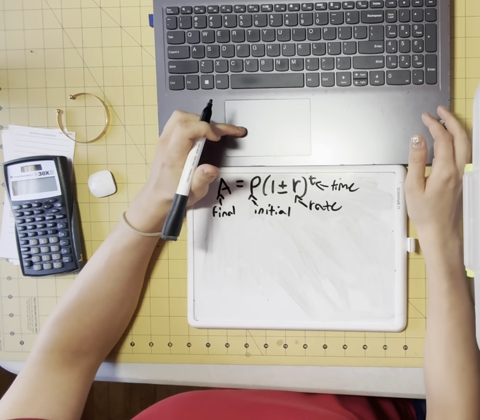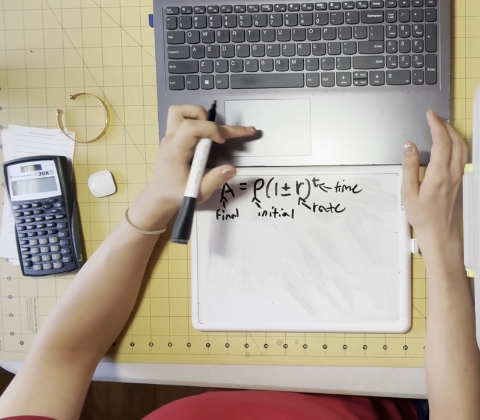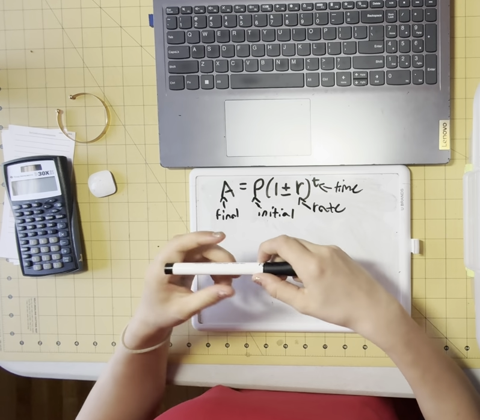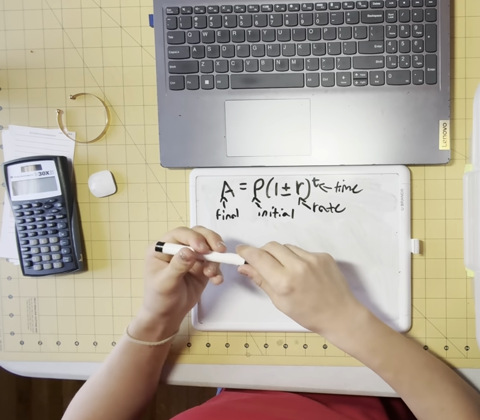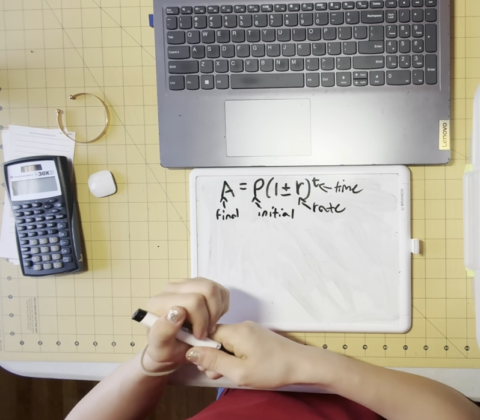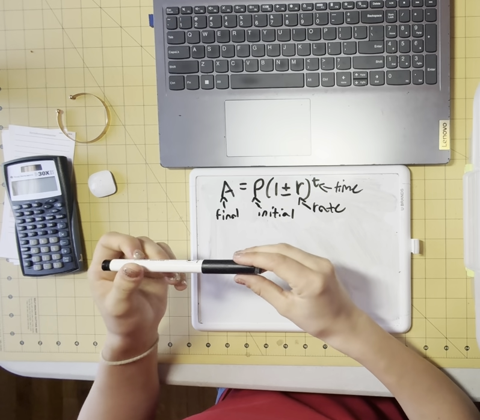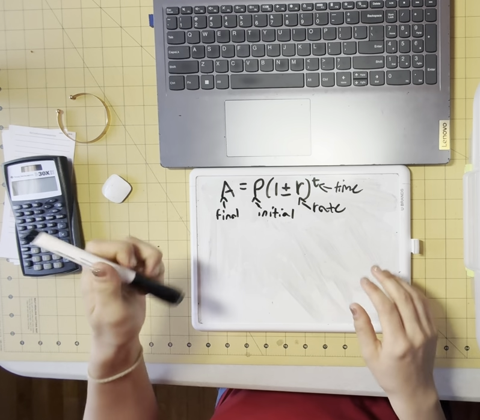So for example, the word problem I have up here, which I will attach to this email. A small town of 1,000 people is growing at a rate of 3% per year. How many people will be in the town 5 years from now?